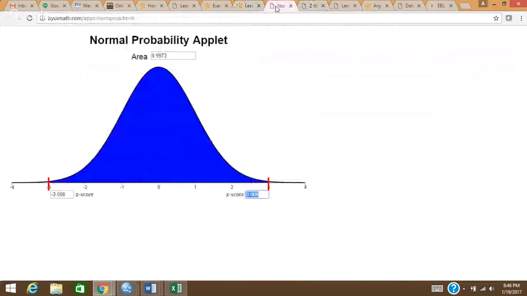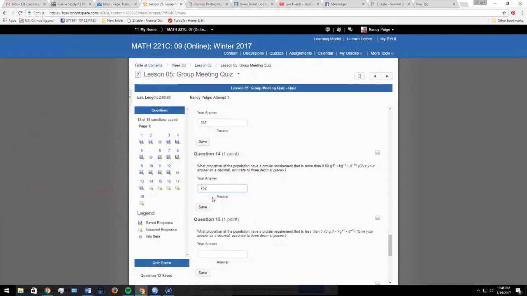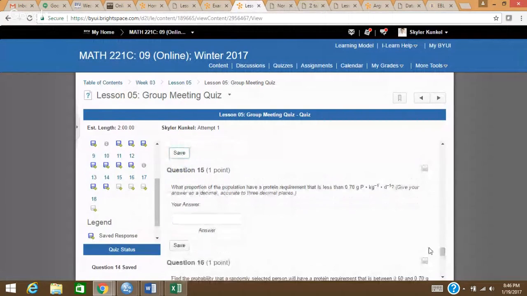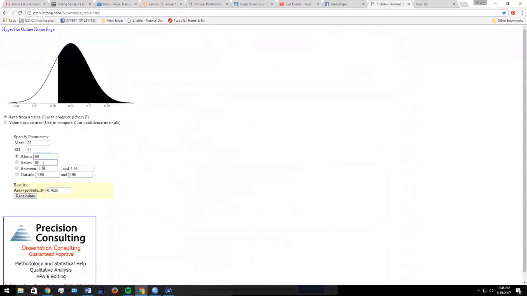Okay, I rounded on this one again. Uh, 15. What proportion of the population have a protein requirement that is less than 0.70? So now we have to change it to 0.7. Less? It says less? Yeah.